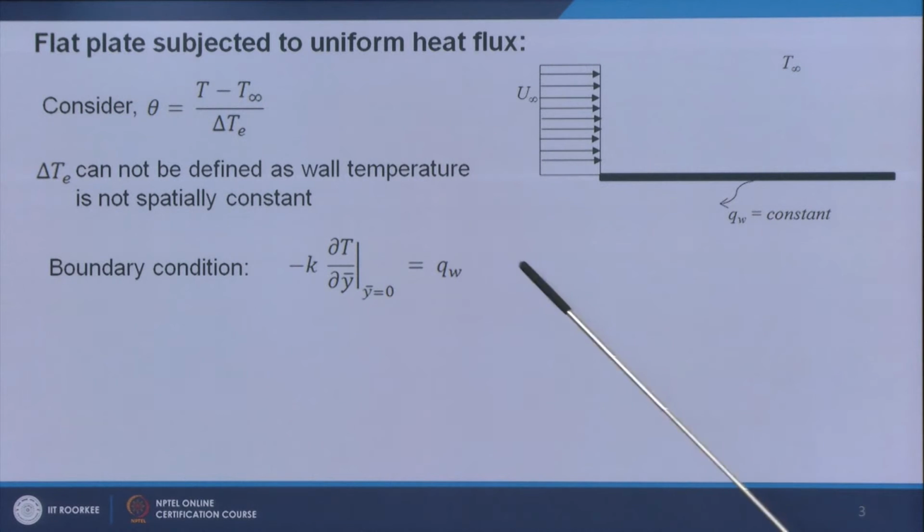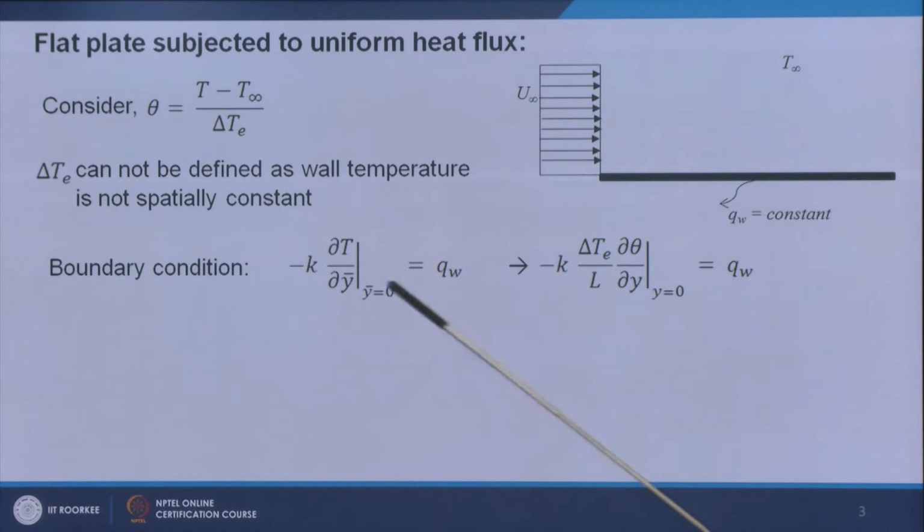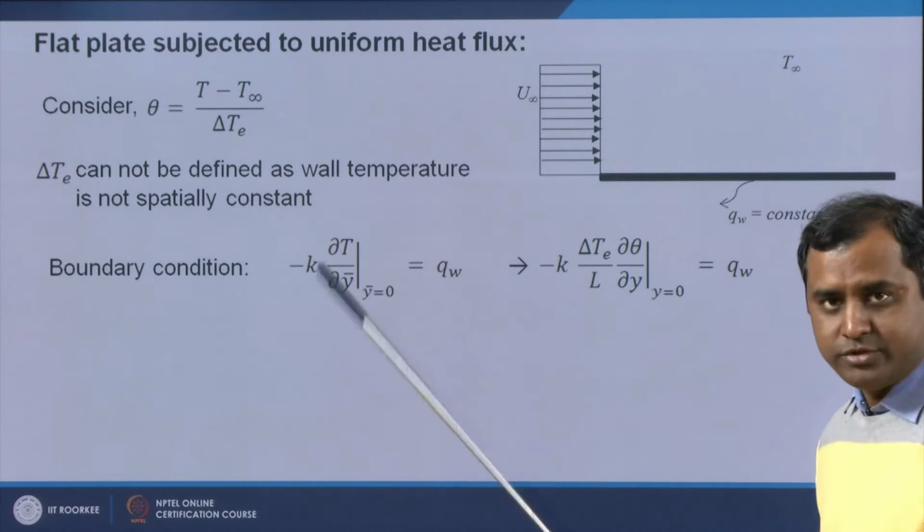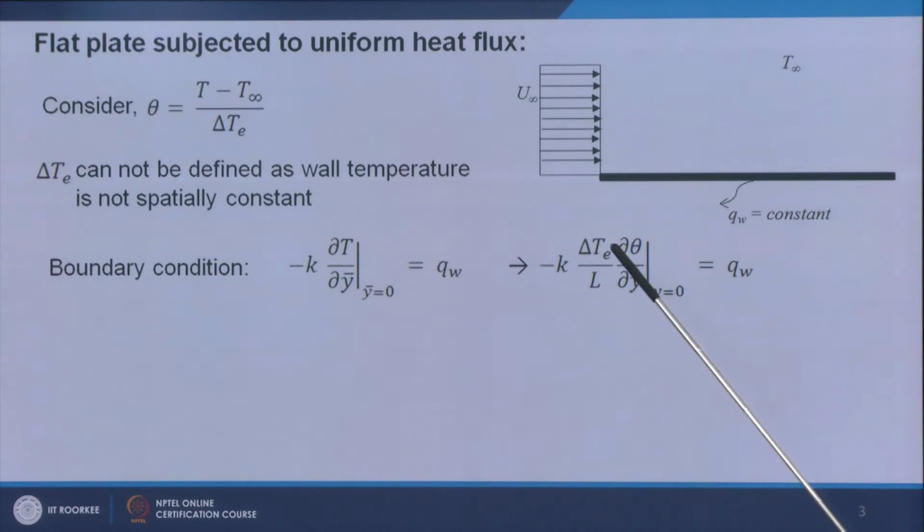So this is the boundary condition at the wall. If we do the scale analysis of this, for T we have seen it is of the order of delta Te, which is still unknown. For Y we have taken L. So delta Te by L is actually Qw. This is the order of the equation.